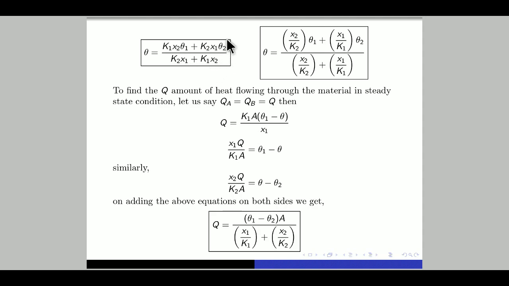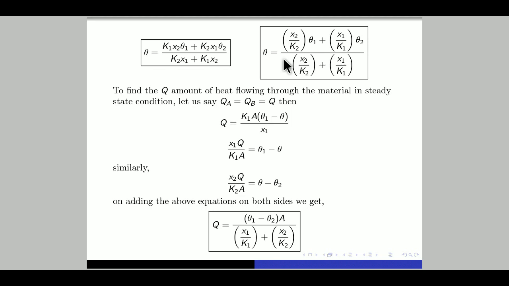Or we can divide the numerator and denominator both by the product of K1 and K2, and rearranging and simplifying, we can write theta equals ((x2 by K2) times theta 1 plus (x1 by K1) times theta 2) divided by ((x2 by K2) plus (x1 by K1)). So this is the expression for the temperature at the contact surface of two different materials having different thermal conductivity values.